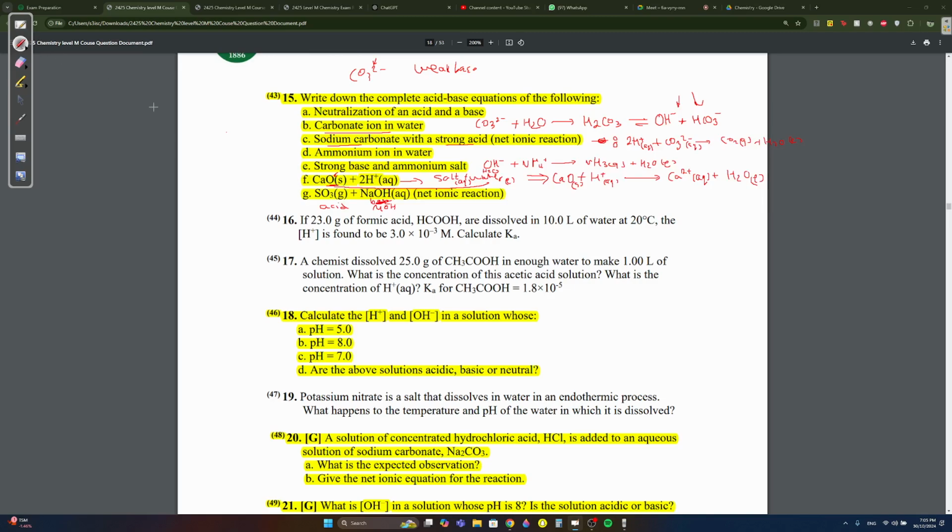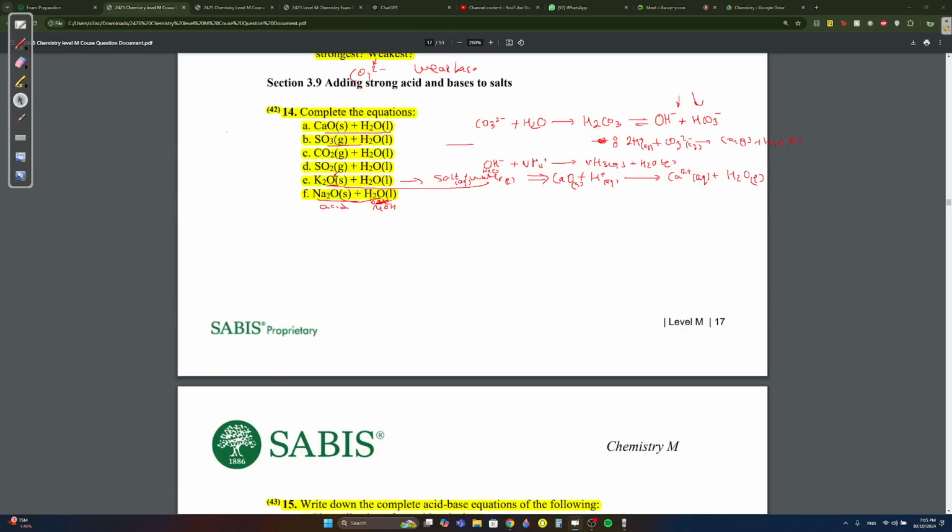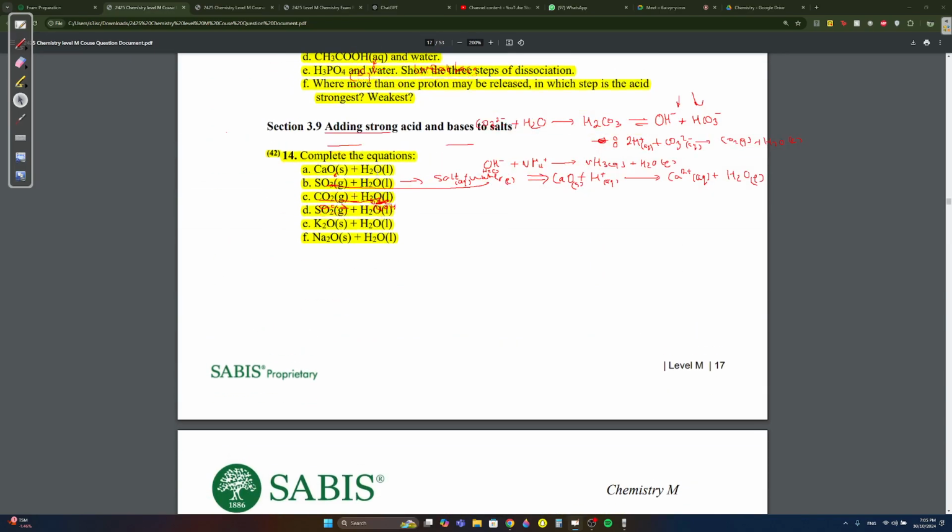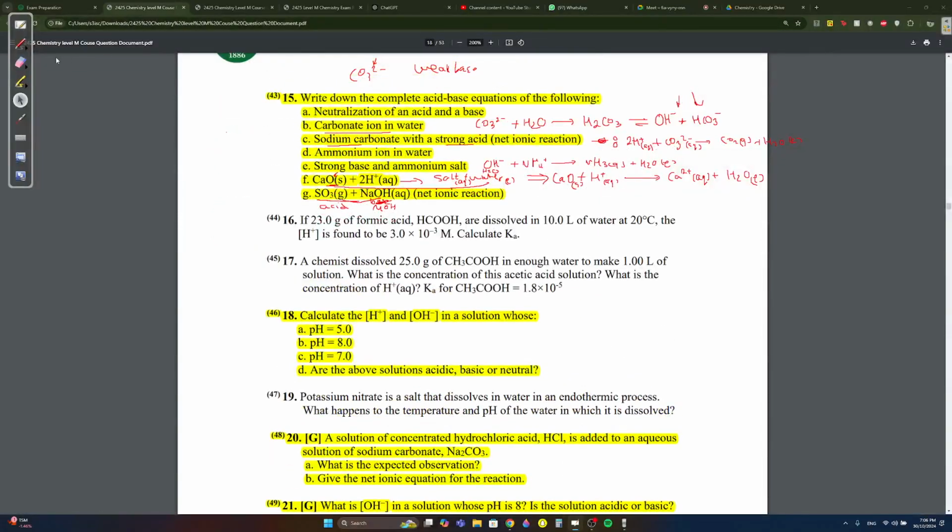Actually, look here. I found the explanation. SO3, you're dissolving it, right? We remember that SO3 in water gives you H2SO4. So SO3 can turn into H2SO4, and when you add H2SO4 to NaOH, acid plus base, you get salt plus water. So you get Na2SO4 aqueous plus H2O liquid.